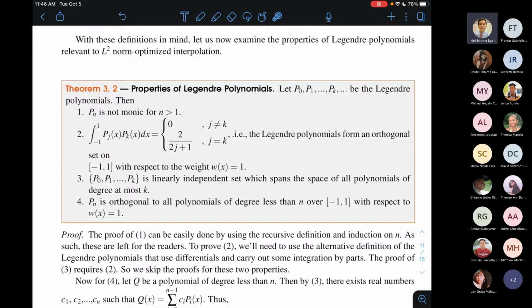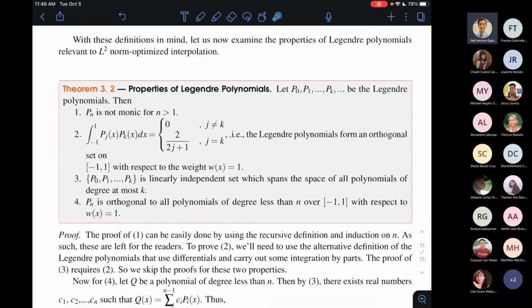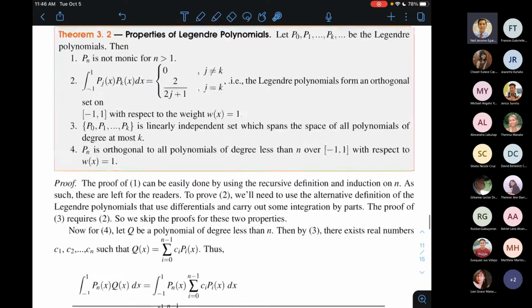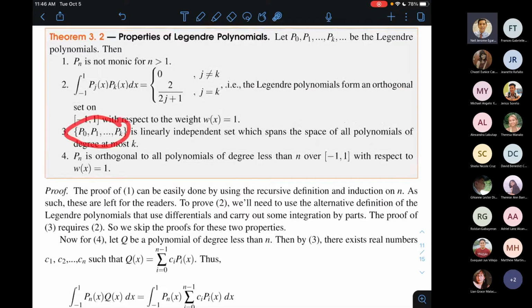So P_j and P_k are orthogonal to each other over the interval -1 to 1 with weight function w(x) = 1, provided that j is not equal to k. Now, if j is equal to k, we are just integrating the square of a Legendre polynomial. The integral turns out nicely as 2 over 2j plus 1. Okay?